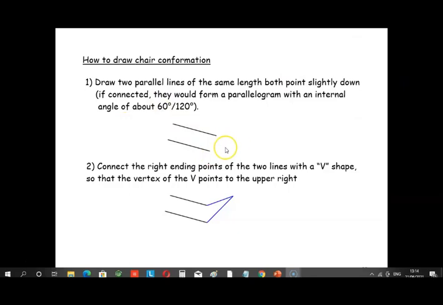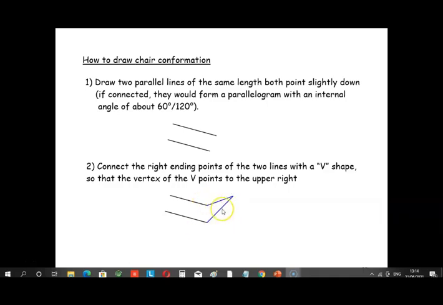To start with, we draw two parallel lines and they should be slightly inclined. They should not lie straight. They should be inclined.